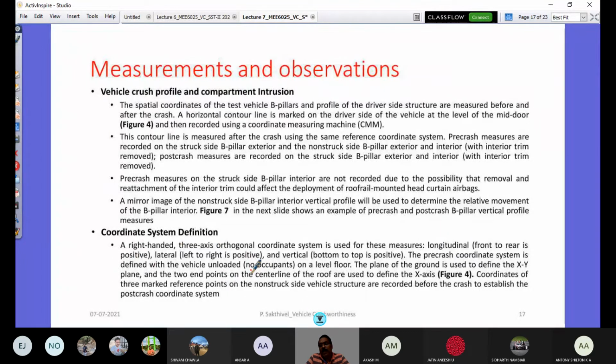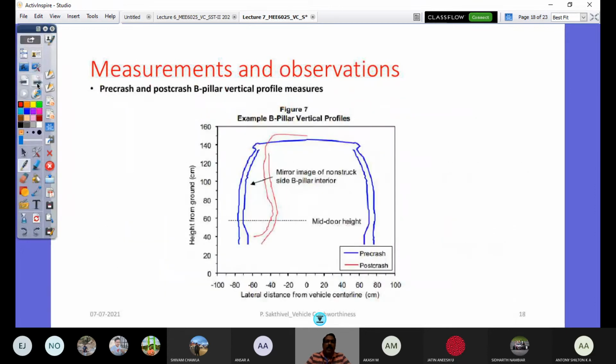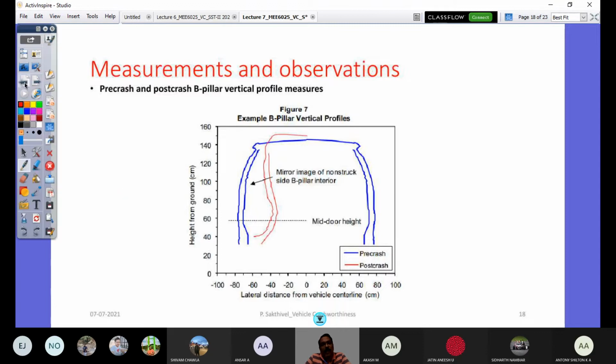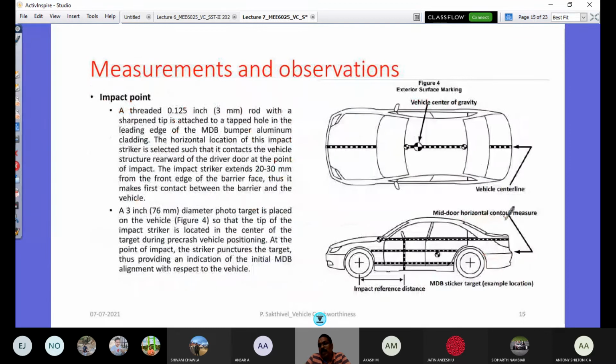In the pre-crash scenario, you will make a measurement of points, and then post-crash, with the same reference, you would measure the coordinates, and that would help you to get such profiles measured. So these are the pre-crash and post-crash B-pillar vertical profile measures. This is in that figure. If you look at this figure, this is taken at this point. The mid-door horizontal contour measure is what is taken as a reference on both sides.